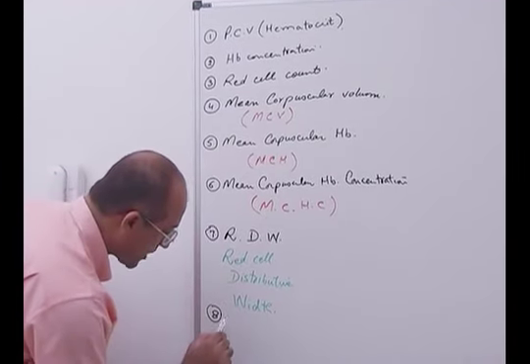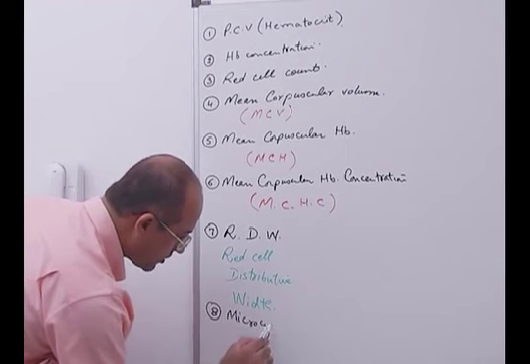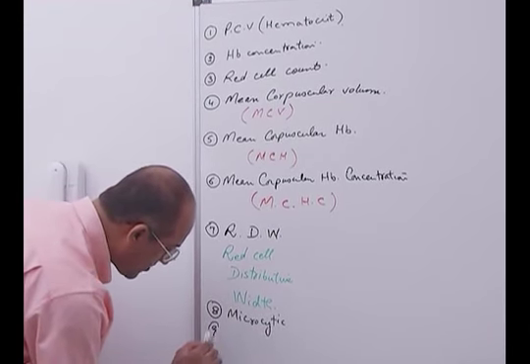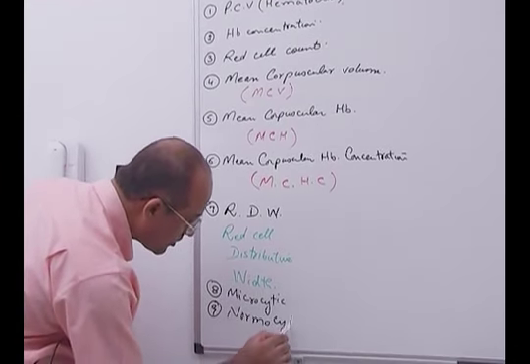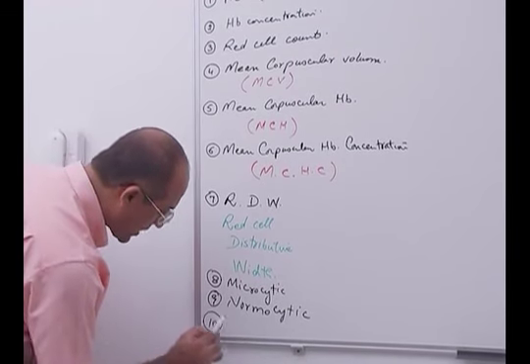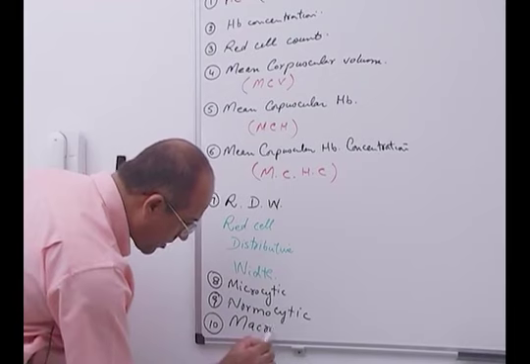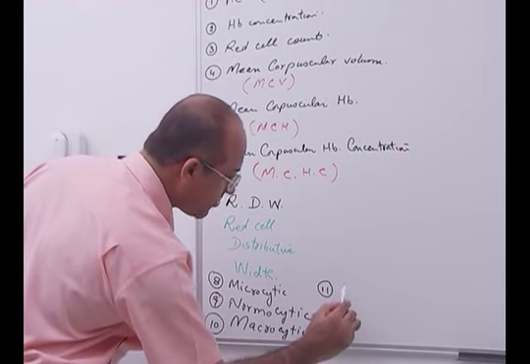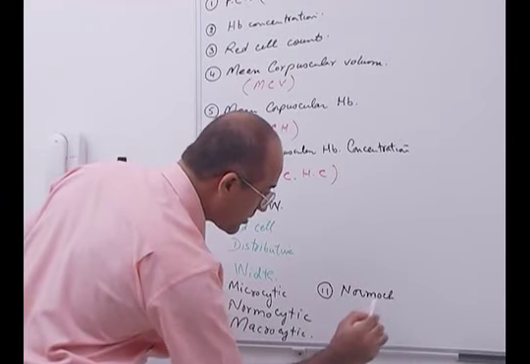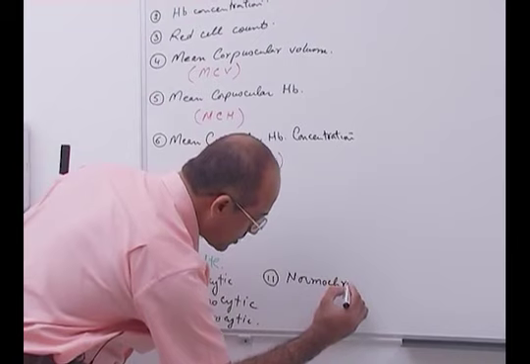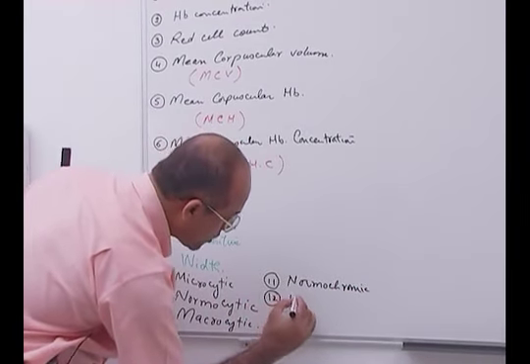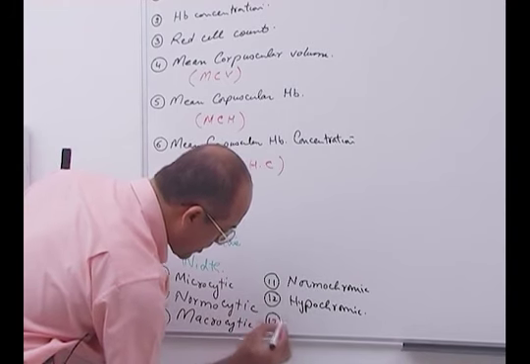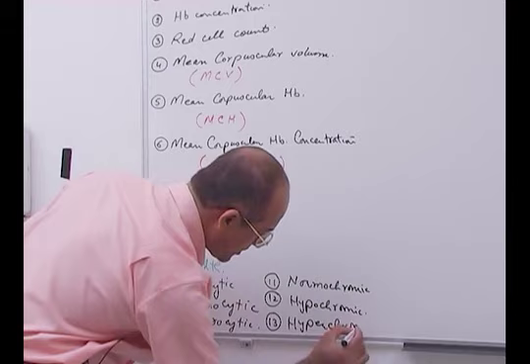Because when we move forward, there will be more terms which will be made clear to you. For example, by the end of the lecture, you must be clear about what is meant by microcytic, normocytic, and macrocytic red blood cells, and also what is meant by normochromic, hypochromic, and hyperchromic cells.